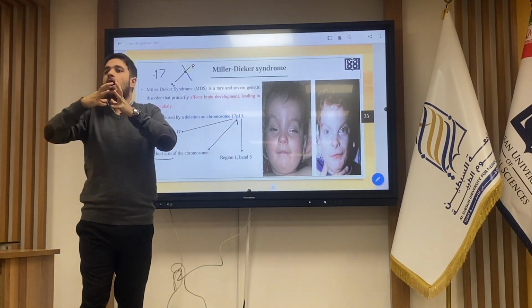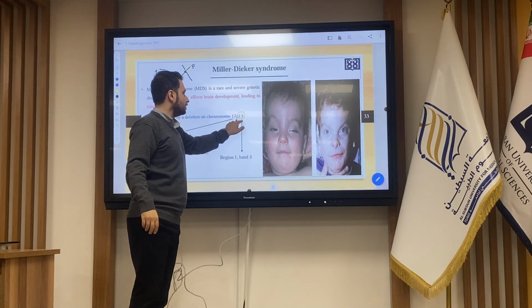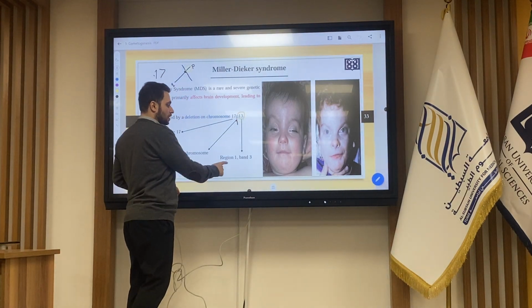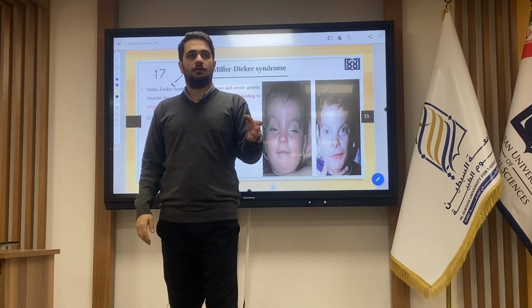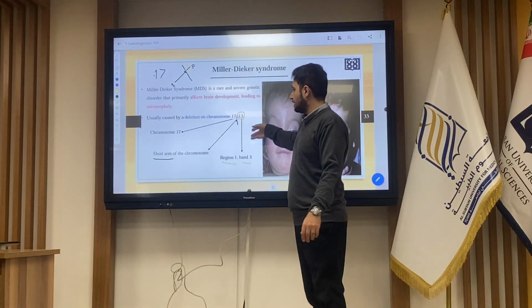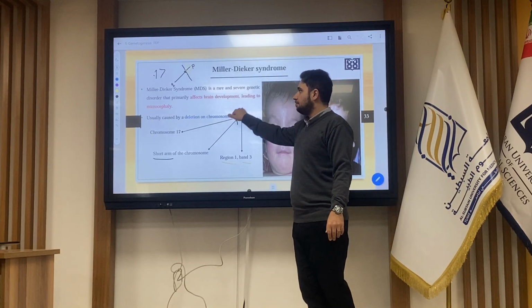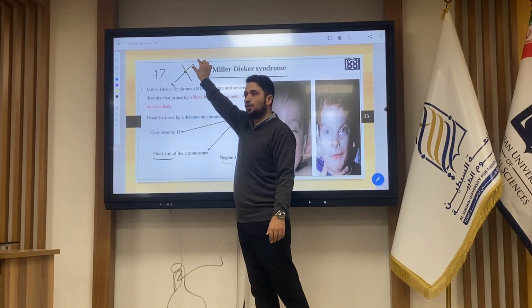And also not all of this part. We call it, for example, 13. It means that it's related to the region and band. They are very specific. You don't need that for knowing about this. But 17 means related to chromosome number 17. P means related to the short arm.